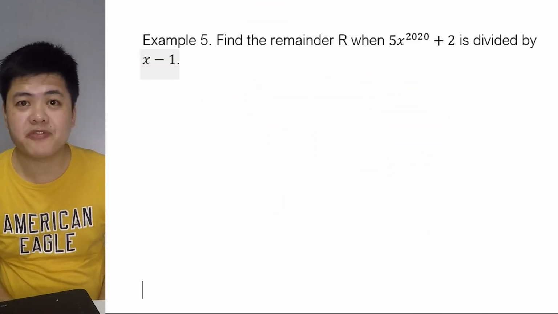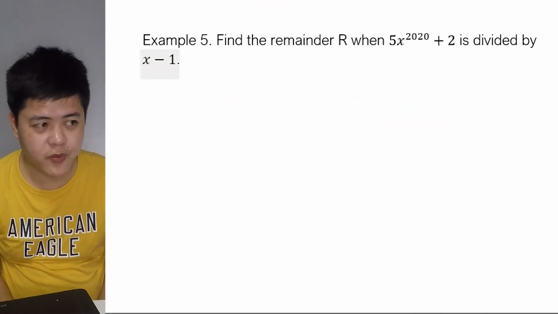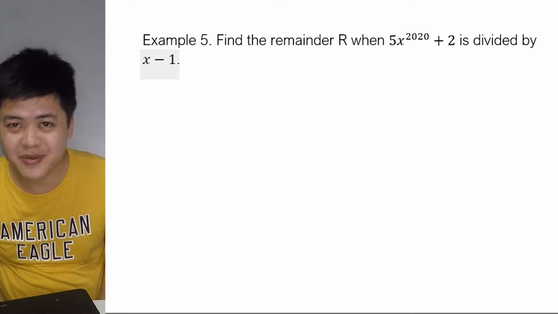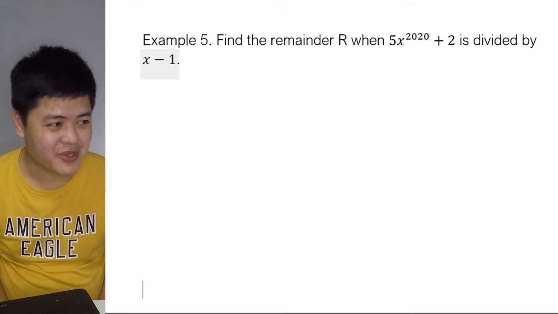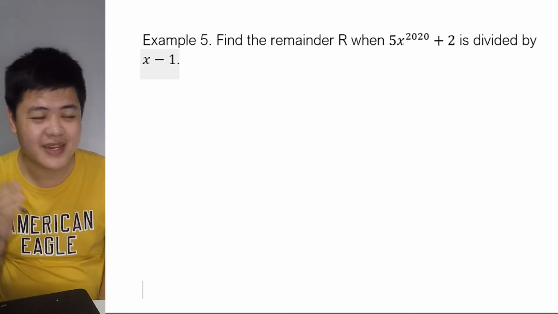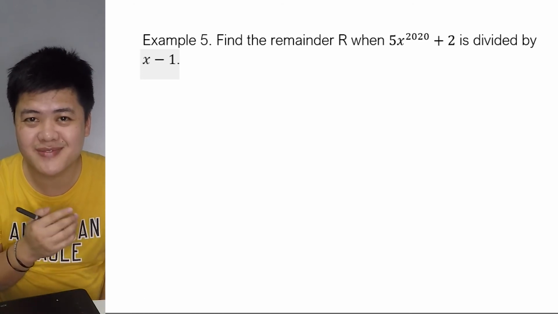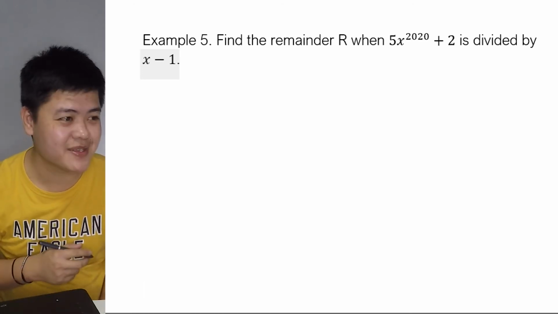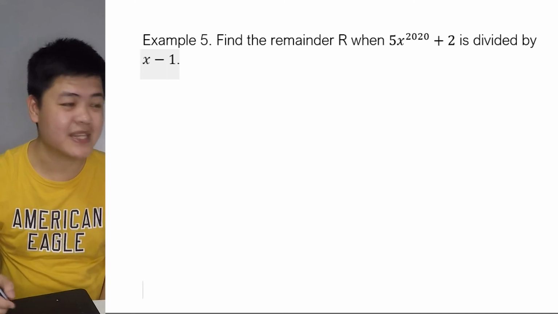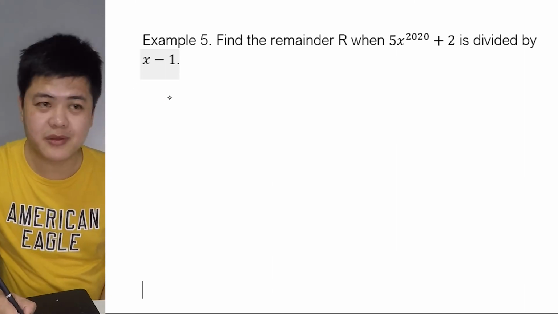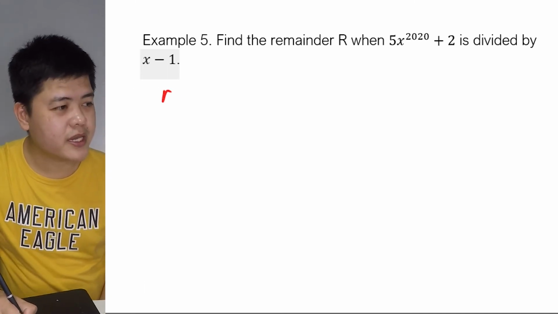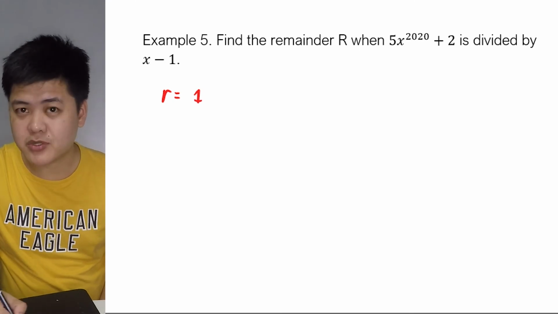We have example number 5. Find the remainder r when 5x raised to 2020 plus 2 is divided by x minus 1. Let's not use synthetic division, that would be too long. Let's use the remainder theorem. By the remainder theorem, our r here is 1 because x minus 1 is x minus r.